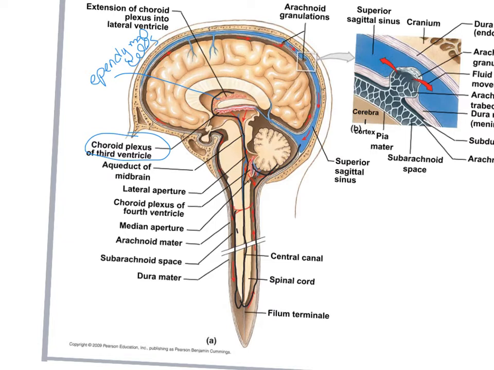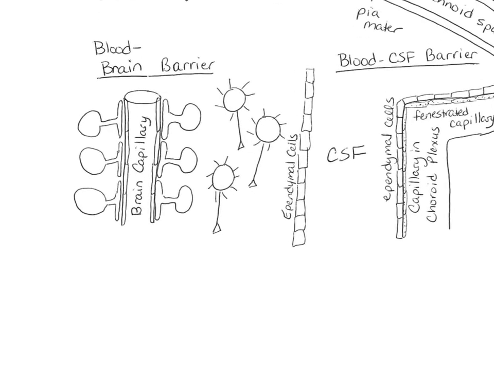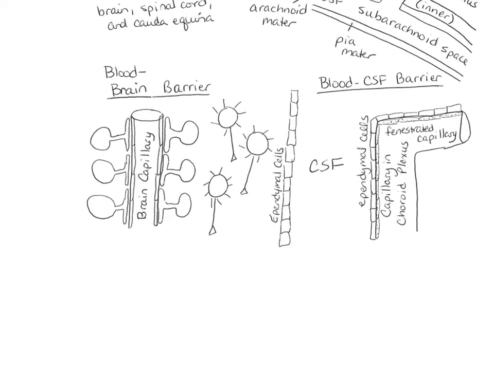We don't really want a lot of movement of things between the blood and the brain. So there's this thing called the blood-brain barrier, right? There's two different barriers in the brain.